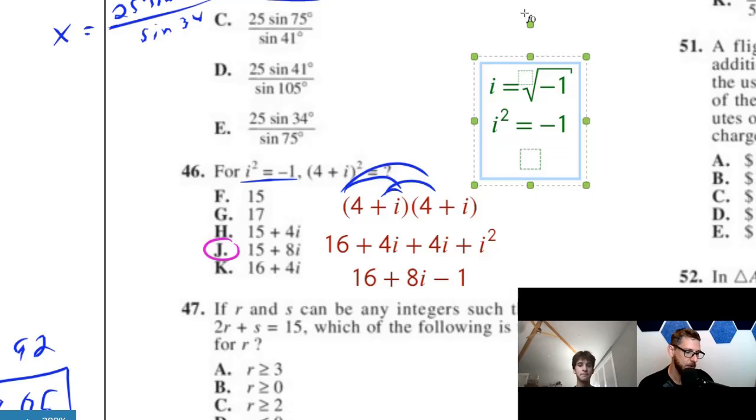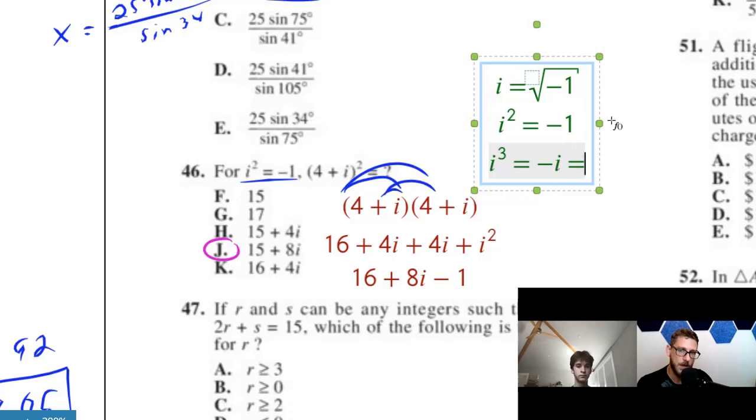Yeah. Easy. So then what about i to the third? What can we say about i to the third? It would be 1? So i to the third is i squared times i. Right? So if I multiply -1 times i, I'll get negative i. Or you could also call that negative square root of -1 if you like.